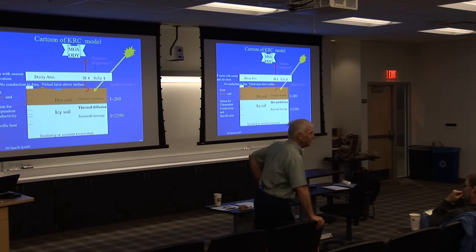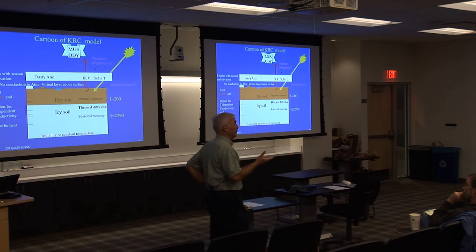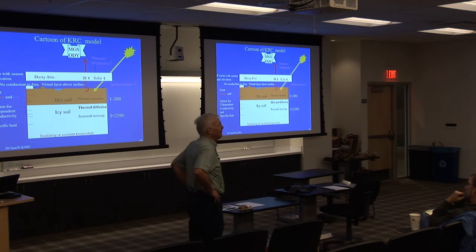And there is one group, and I would have to look up the paper, within the last year, this has appeared in the literature, that the magnitude of the winds in the afternoon could be generating some of the temperature variations we see on Mars. KRC currently does not handle that. But it's now known to possibly be a significant effect.